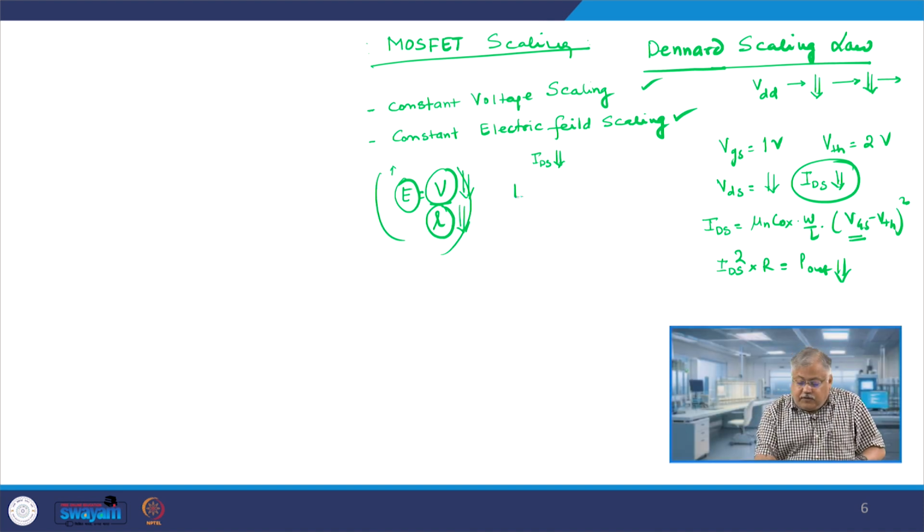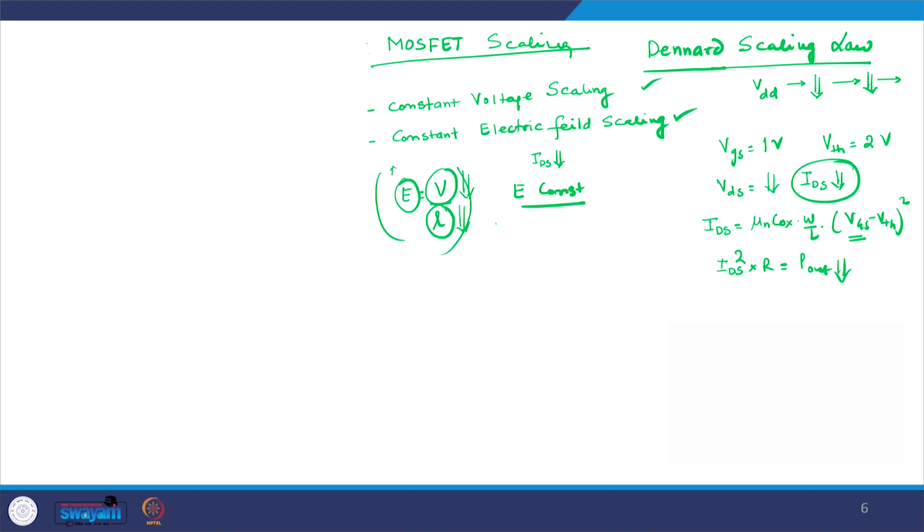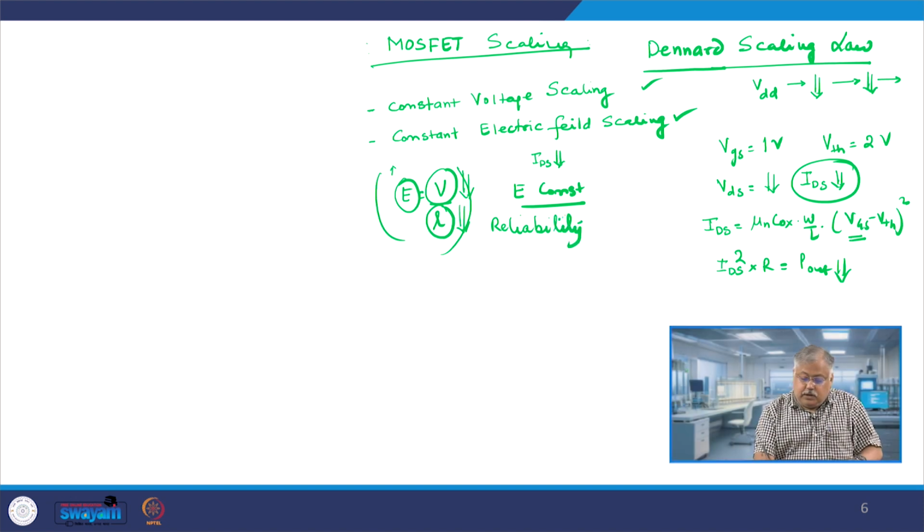So, if your electric field is constant, this ensures that reliability of MOSFET is not compromised. Right?